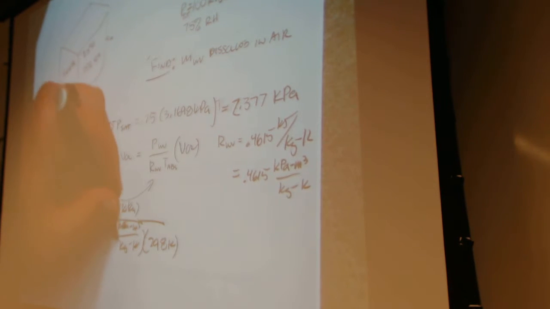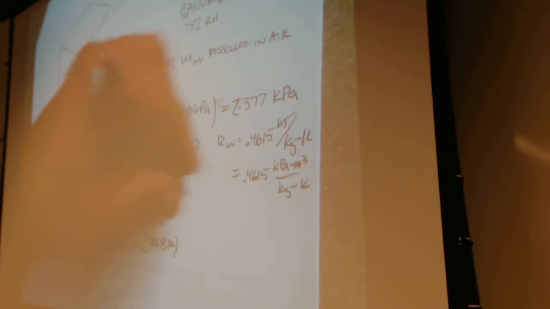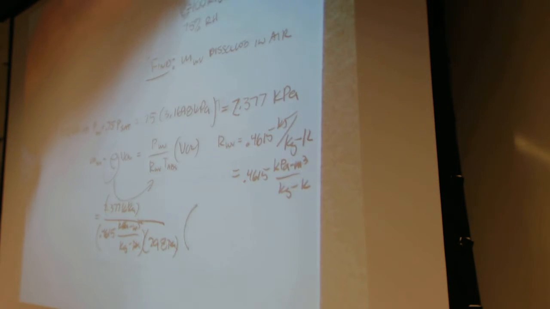That's going to give me kilogram per meter cubed, times 5 times 5 times 3, sounds like 75 meters cubed.